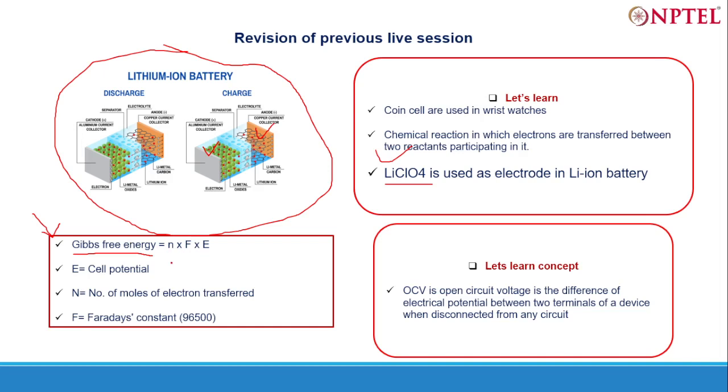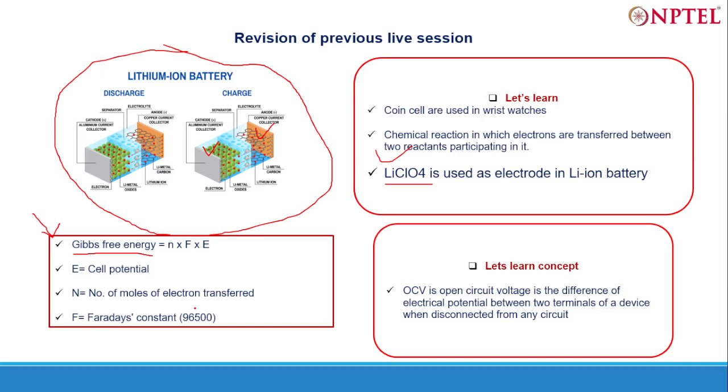What is n? n is the number of moles of electrons transferred. And F is Faraday's constant, generally equal to 96500, 96400 to be exact. And E is the cell potential. You multiply them and you get the Gibbs energy.